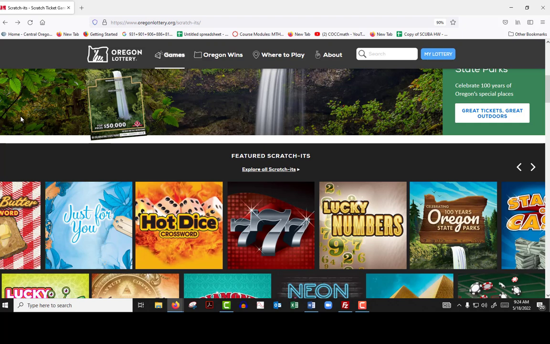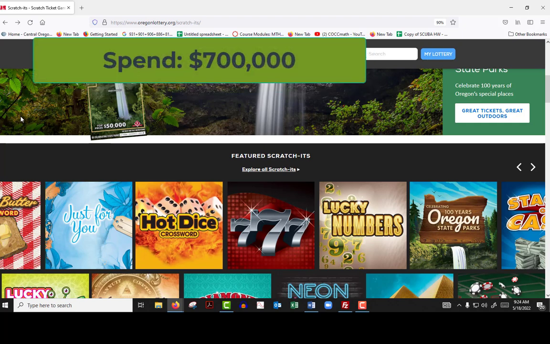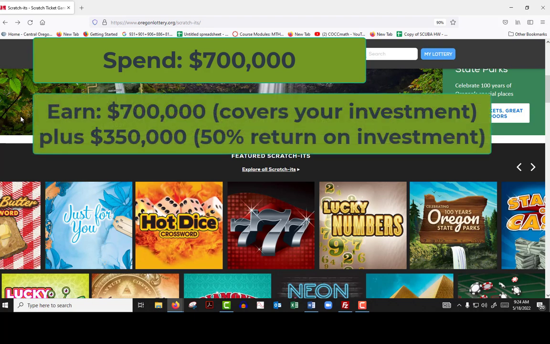You'd earn about a 50% return on that. So you'd spend, let's just say $700,000. Then you'd earn all of that back plus half. So now you're sitting on over $1 million of revenue. Then comes the other whammy, is that the government in taxes is going to take about a third of that.